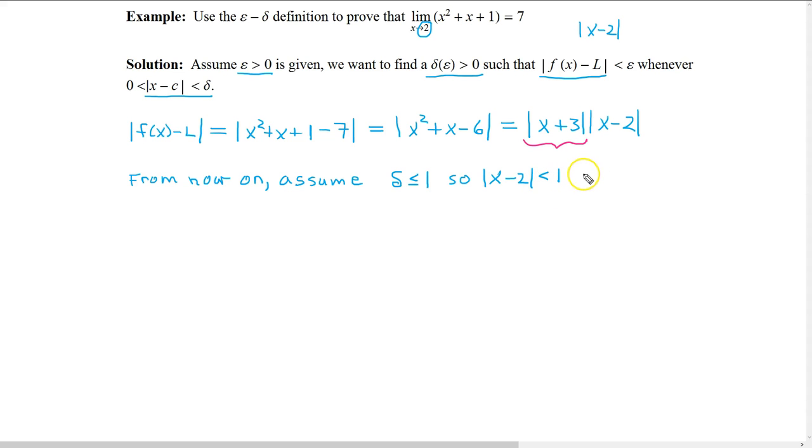And this is equivalent to saying that x has to be between 3 and 1. Notice that this is the same as x minus 2 less than 1 and greater than negative 1, and if we add 2 to everything, we end up with this.